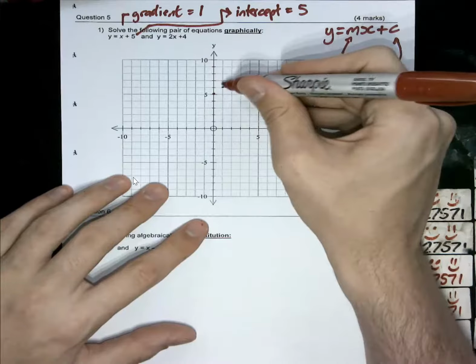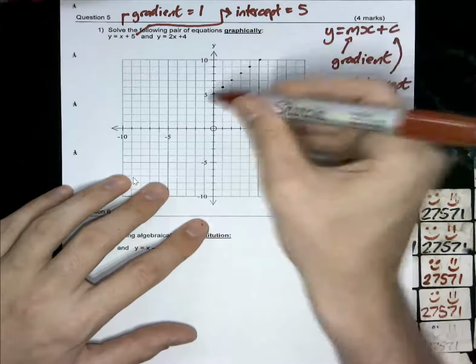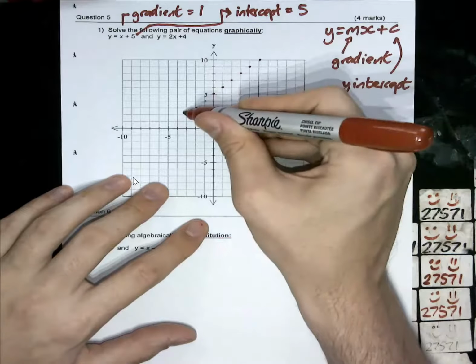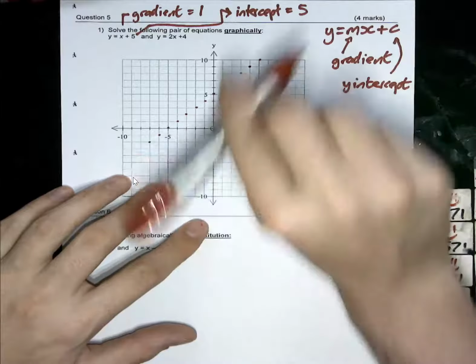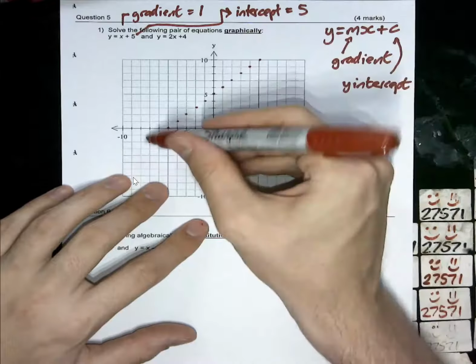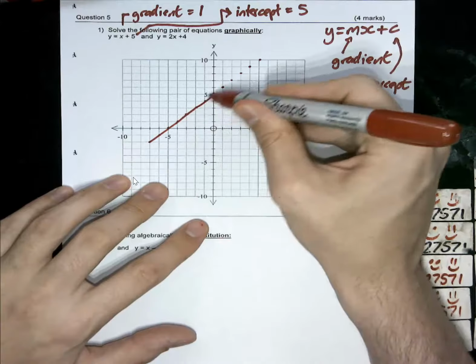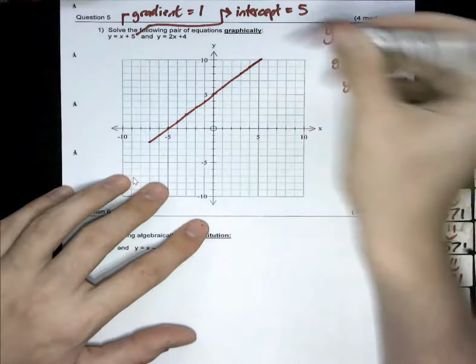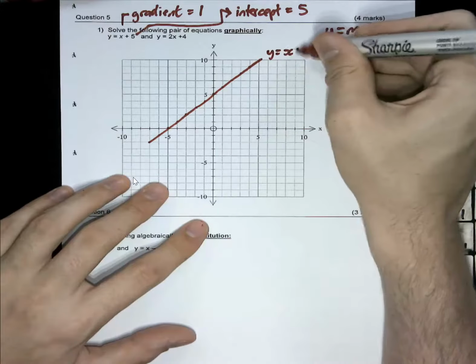So across 1, up 1, across 1, up 1, across 1, up 1. Anything with a gradient of 1 is going to have an exactly 45-degree line. Just going to be careful with drawing this freehand. Okay, so that's y equals x plus 5.